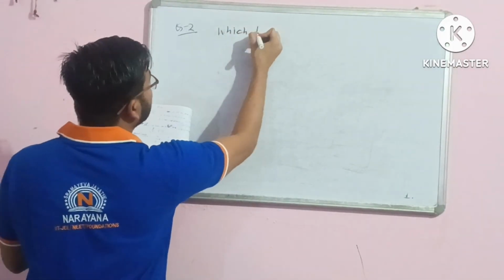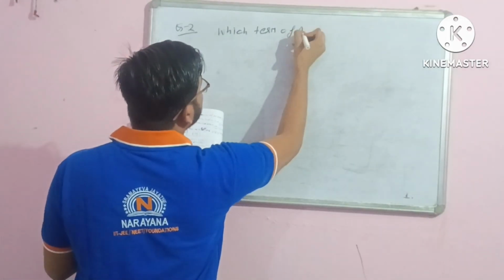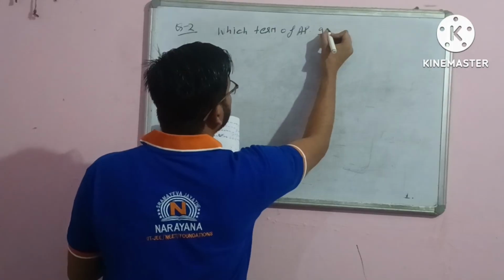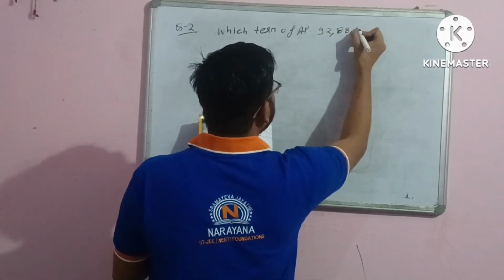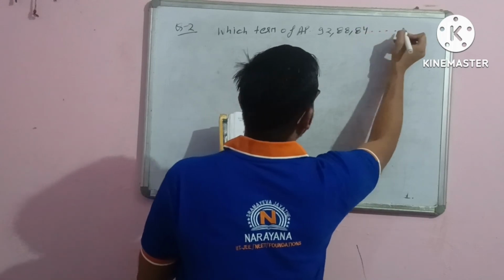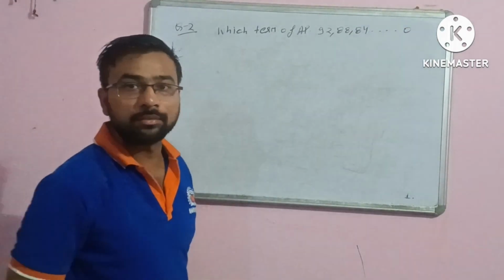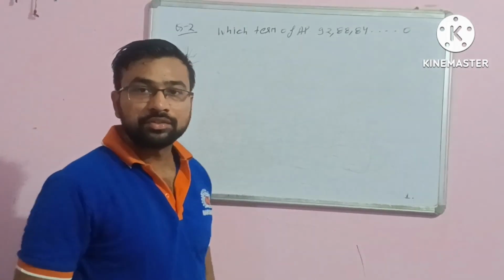Which term of the AP (92, 88, 84, ...) is 0? Here 0 is the nth term of the AP, and we have to tell which term is 0.